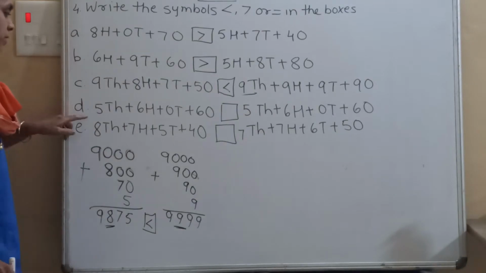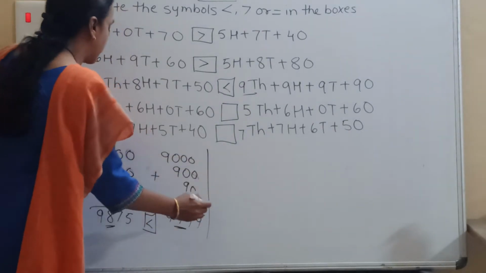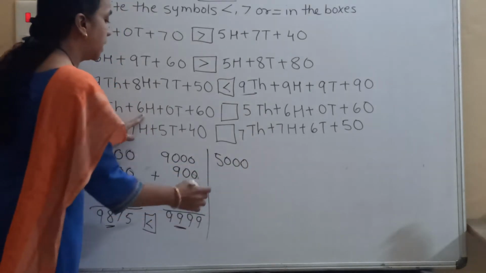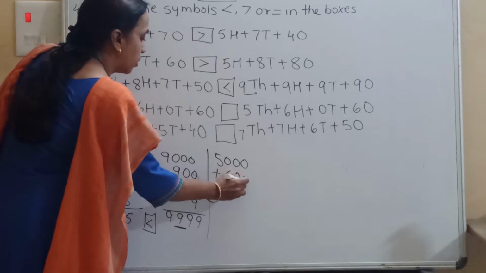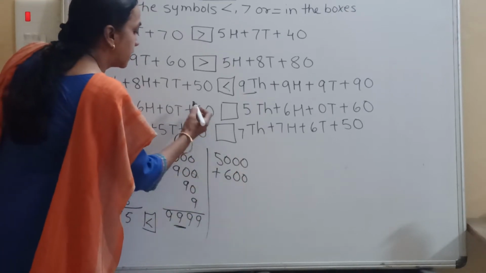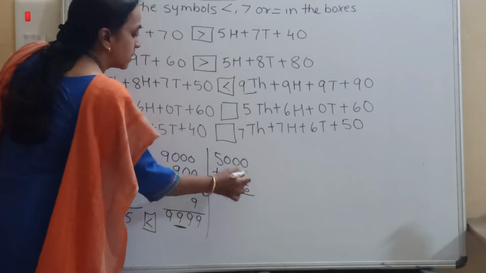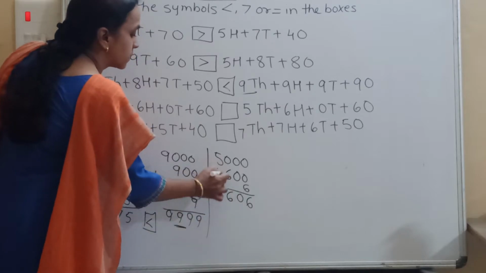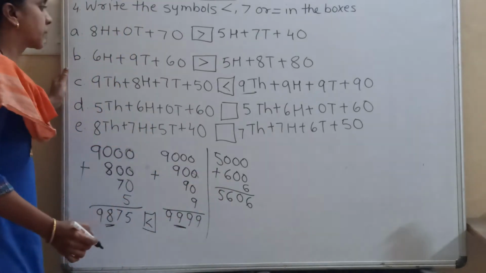Now see the question. 5,000. Suppose we write 5,000, then 600. Write down 600. Then 0 tens means 0. You need to write 0. 6 ones means 6. 6 plus 0, 6. 0 plus 0, 0. 5 as it is. Okay.